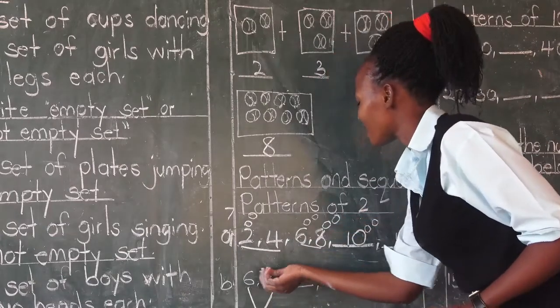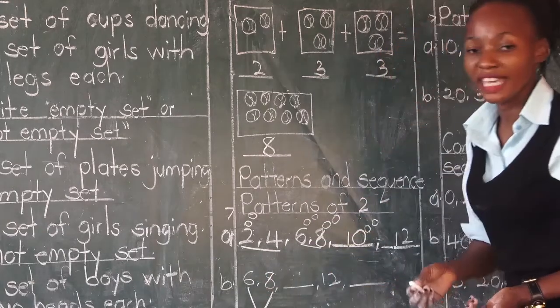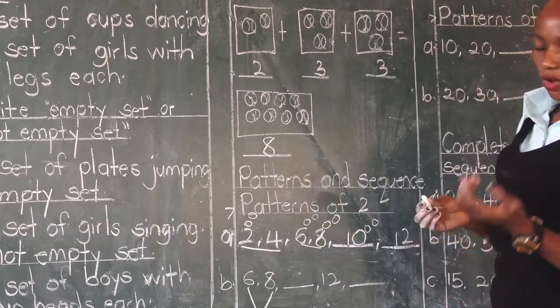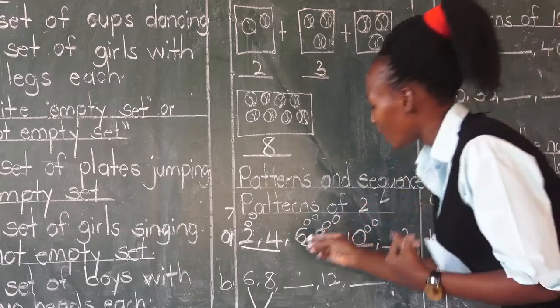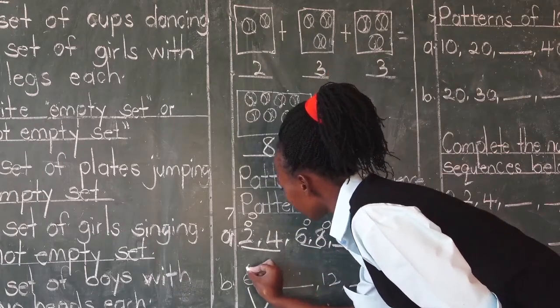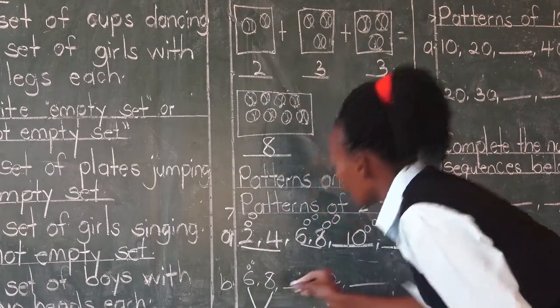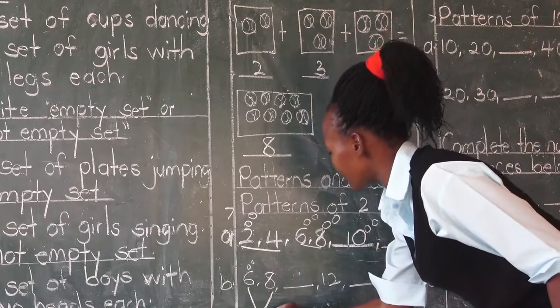We have here 6 and 8. What did they add on number 6 to get 8? Now let's use the balls still and we find out. This was 6, 7, 8. Meaning that they added 2 on number 6 to get 8.